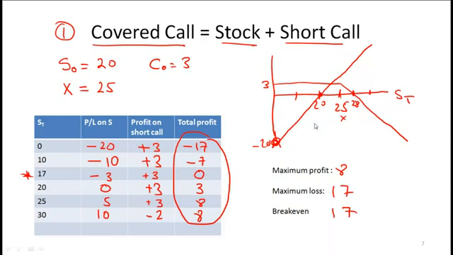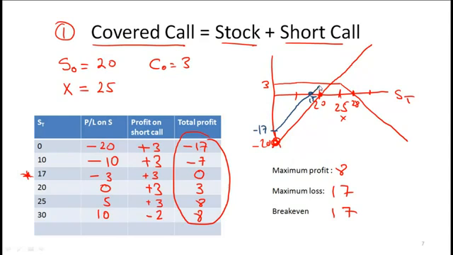Now let's look at the graph of the covered call. So when the stock price goes down to 0, we have a profit of minus 17. So we are at minus 17. Our break-even point is 17. So we go up like this. So at 17 we break even. Our maximum profit we hit when the stock price is at 25.